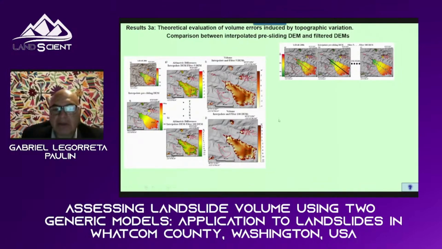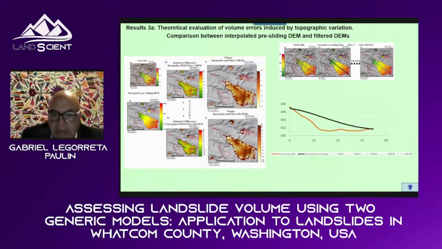So let's look at how the filtering process works over my interpolated pre-sliding surface. So we have first the post-sliding cross-section. Then we have in black line my interpolated pre-sliding surface, which is my reference. And this surface is going to be filtered by using a low-pass filter.